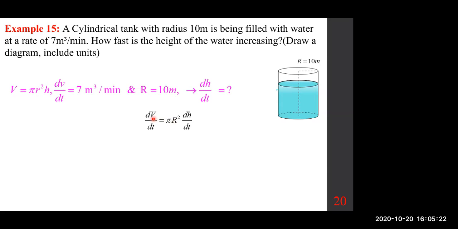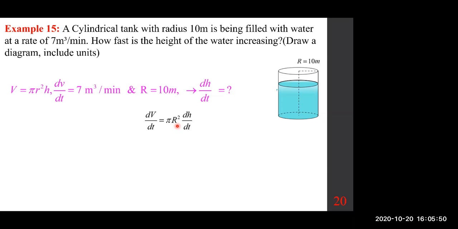It is the h that gives you dh/dt. So two choices. Replace the R, make it pi times 10 squared or 100 pi times h, or just keep it as a fixed R. The reason I want to keep it as fixed R is because the question may not give you 10 meters, it may give you just fixed R. You should know that R is fixed, by the way. R is fixed because the radius is not changing.